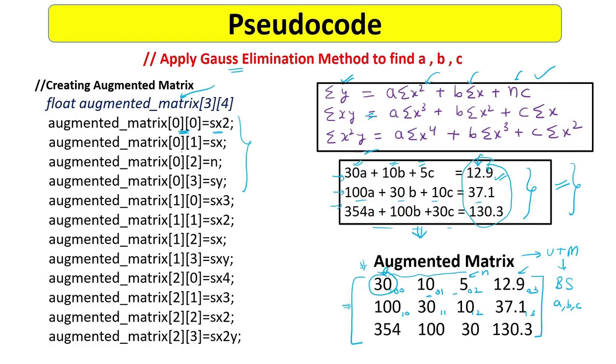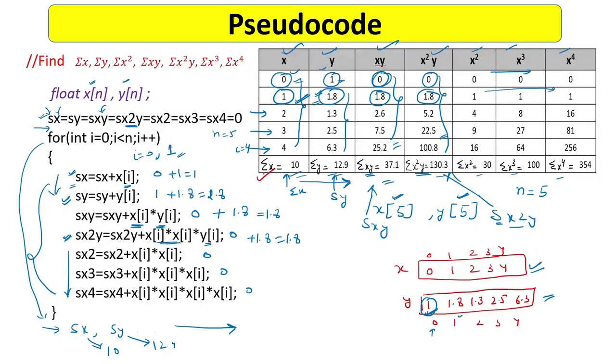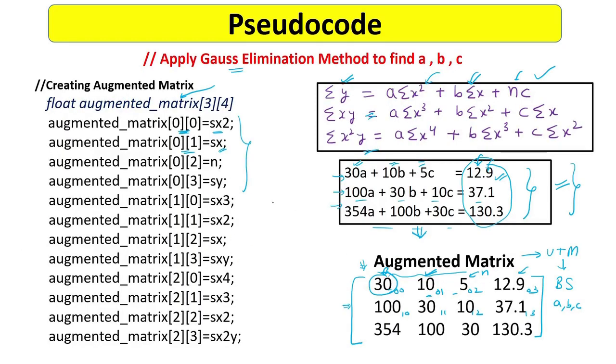In the same way at the 0, 1 position, please put the value of sx. So sx was actually this 10, which is the summation of x. Here also you can see this summation of x was saved inside this sx. In this way I have put all the summation values at the various places, and this 5 was n, so I have just put at the 0, 2 position the value of n. So this way I have created the augmented matrix, right?